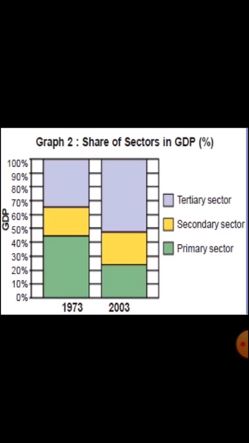In the graph 2, share of sectors in GDP in year 1973 and 2003. The green part is the primary sector contribution, the yellow part is the secondary sector contribution, and the indigo part is the tertiary sector contribution.